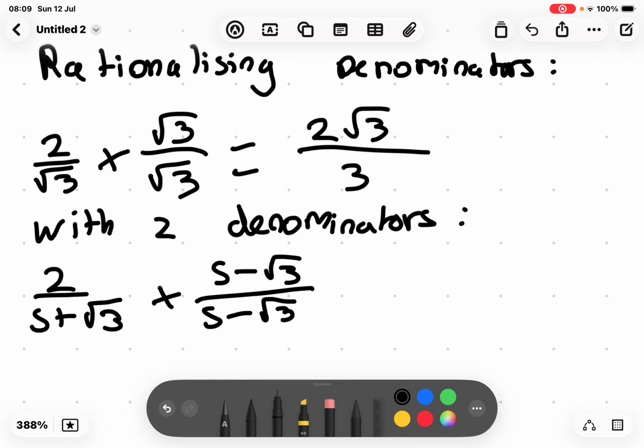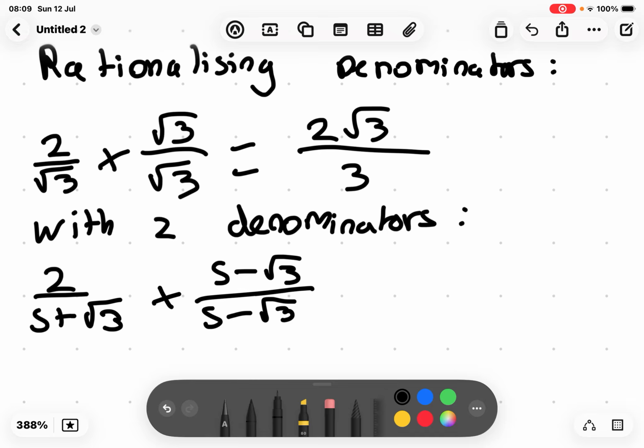I have to change the sign, so I multiply by 5 minus root 3 over 5 minus root 3. However, what would I do if it was negative? Let's say it was negative 5 plus root 3. Would I multiply by a positive 5, or keep whatever is not the root the same, or do I change every single sign in that expression?